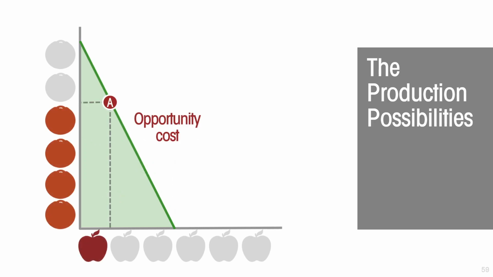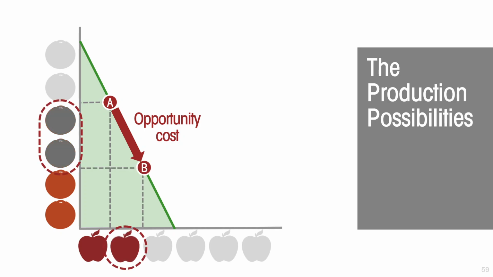As an aside, note that the production possibilities frontier illustrates the concept of opportunity cost. Suppose we decided we wanted 1 more apple. That would require shifting productive capacity from oranges into apples. The only way to have 1 more apple is to have 2 fewer oranges. 2 oranges are the opportunity cost of having 1 more apple.